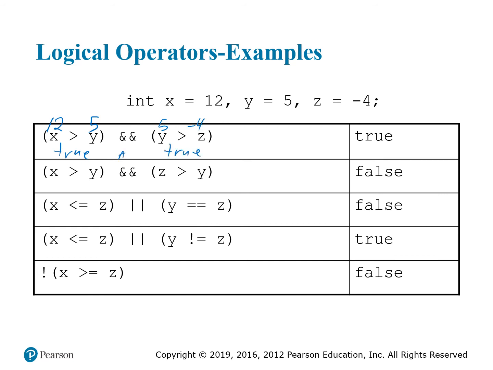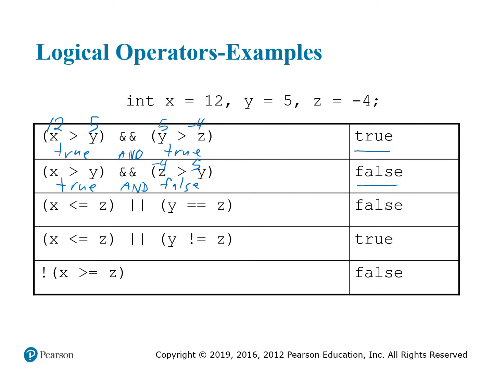So we've got true and true is going to be true. Here we've got true, z greater than y, that's -4 greater than 5, that's false. True and false, if either one is false, the whole and statement is false.